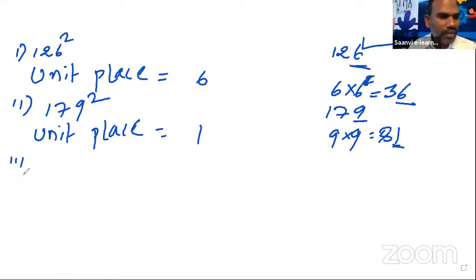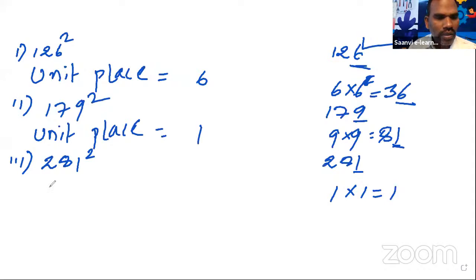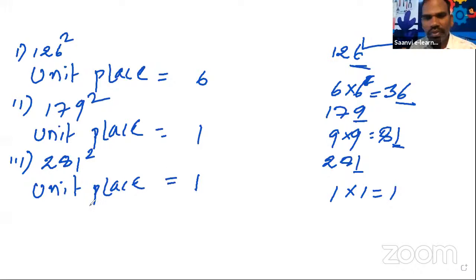Third one, 281 square. What is the unit place? Here 1. Take 1, 1 into 1 is equal to 1 only. So the unit place of 281 square is 1 only.